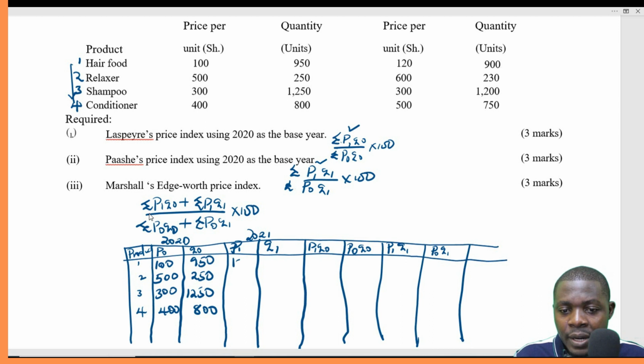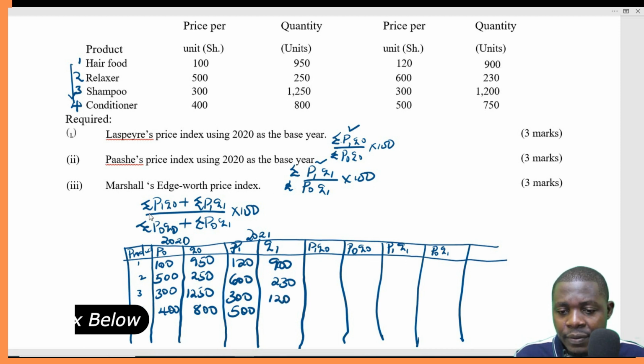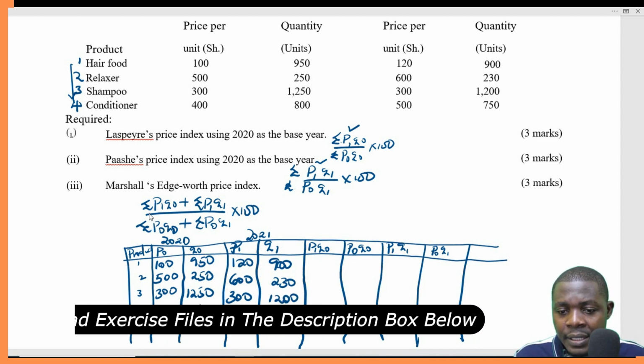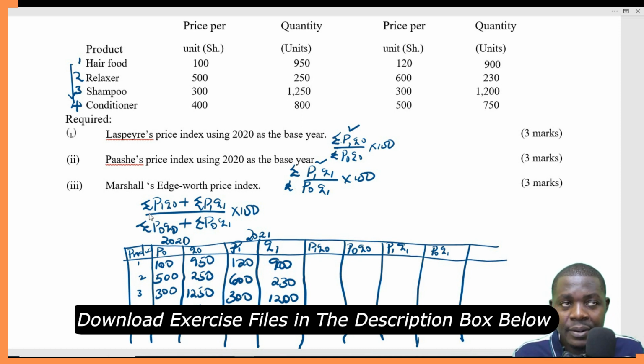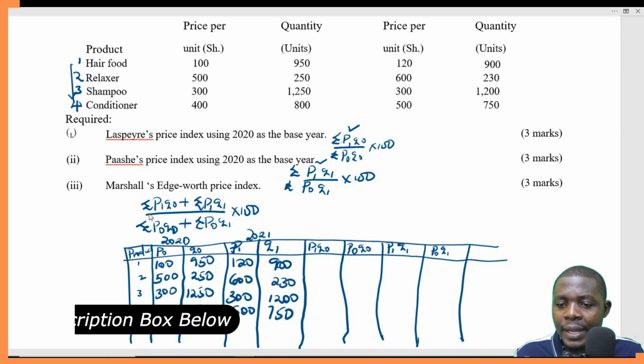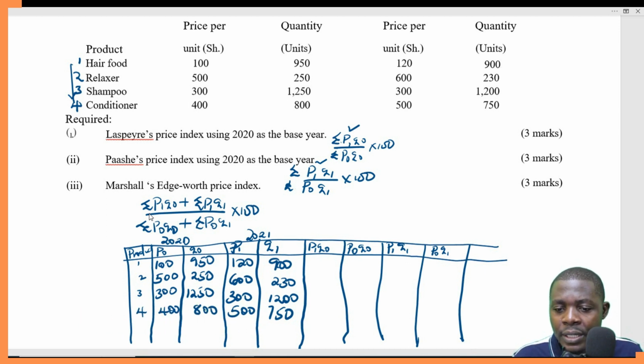Then we have 120, 600, 300, 500. Then last we have 900, 230, 1200, 750. How do you get P1?